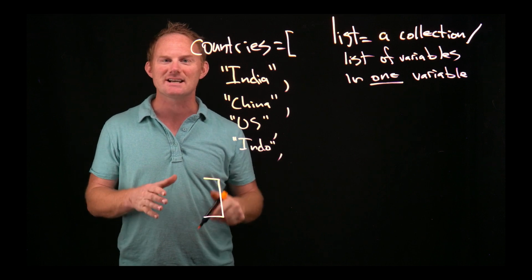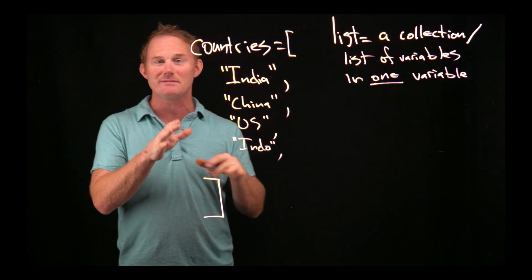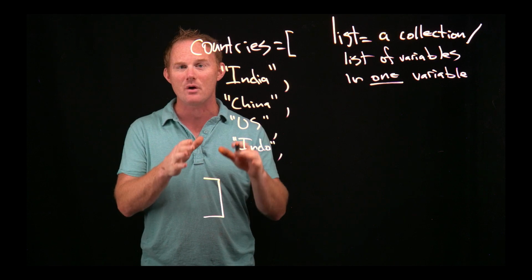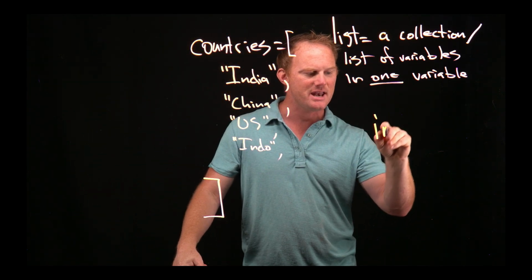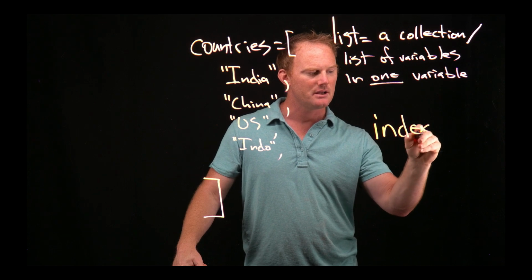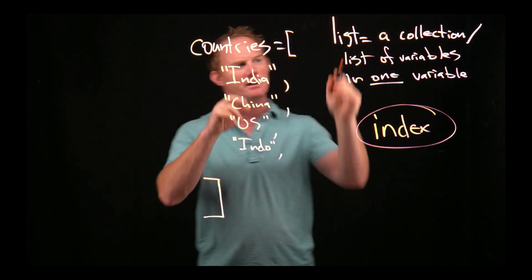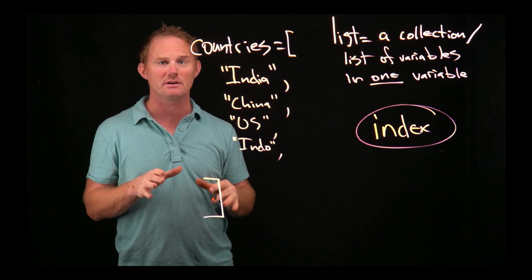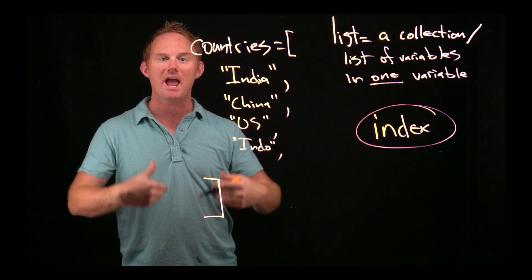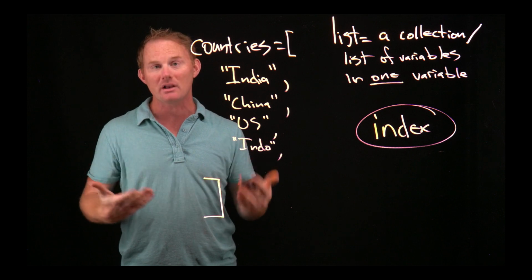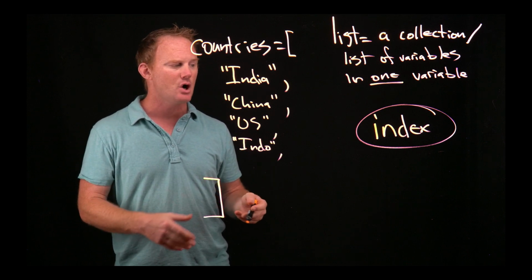How do we access them? Well, this might take a minute for you to wrap your head around, but we access them by what is called the index. Okay? This is an important concept, very important concept with regard to lists. The index is always a number, okay, and it always starts with 0 unless you do something really strange, okay?